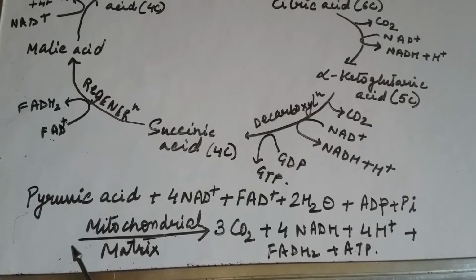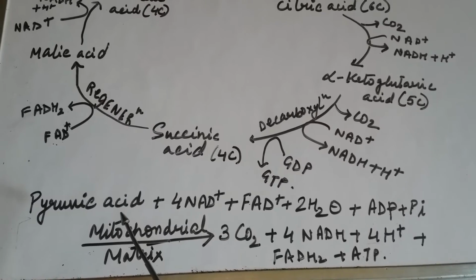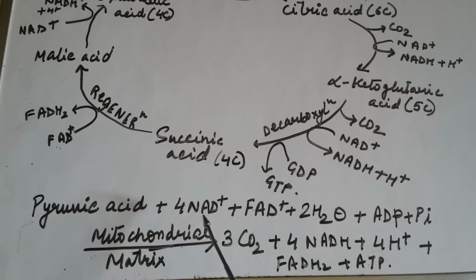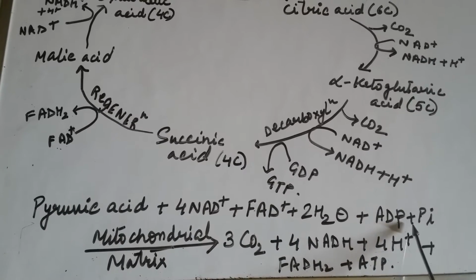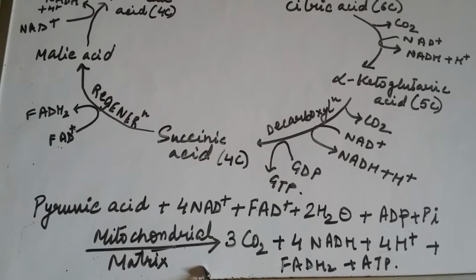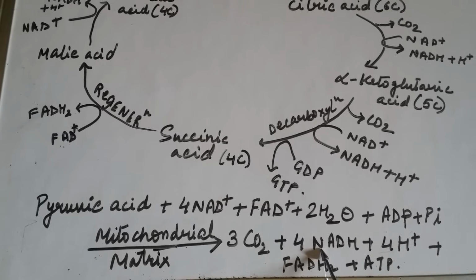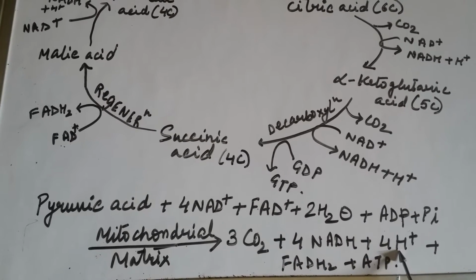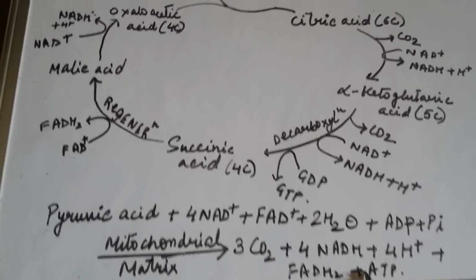Thereby the reaction is carried out with the following substrates: pyruvic acid plus 4 NAD+ plus FAD plus H2O plus ADP plus Pi in the mitochondrial matrix results in 3 molecules of carbon dioxide, 4 NADH molecules, 4 H+ ions, FADH2 and 1 ATP.